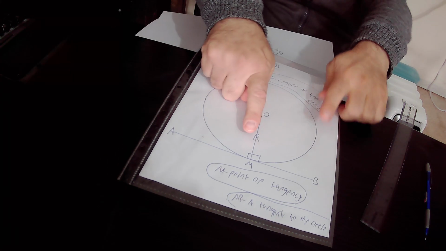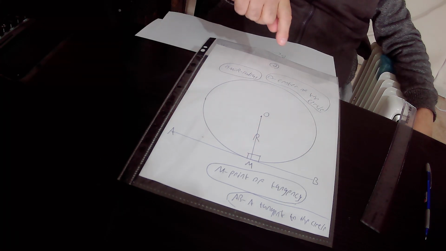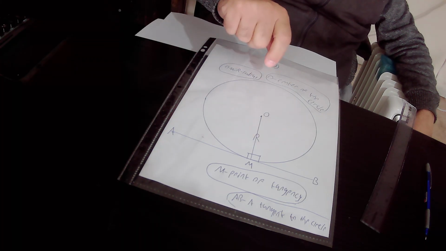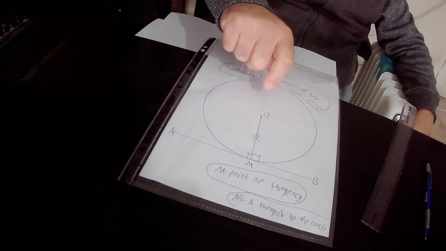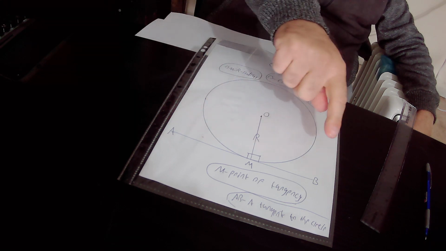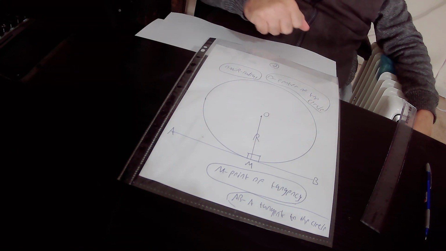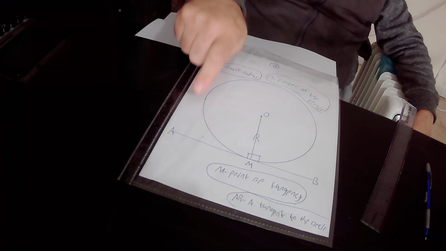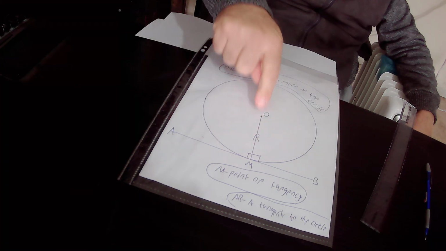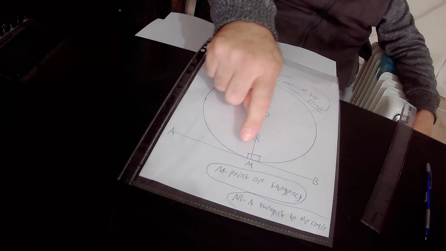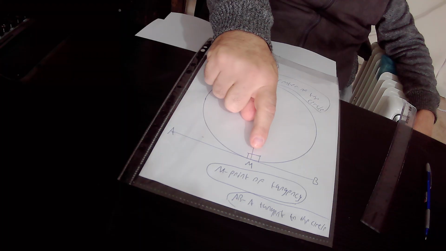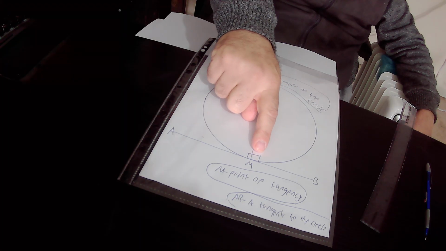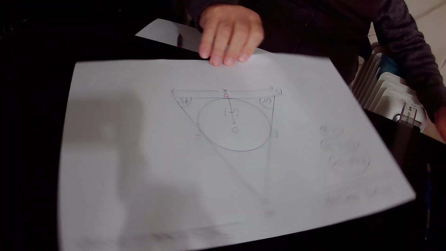AB is tangent to this circle, point M is the point of tangency, and we have the radius OM drawn to point M. Whenever you have a radius drawn to the point of tangency, then tangent AB will be perpendicular to the radius MO. If AB is perpendicular to MO, it means that this angle equals 90 degrees, and this angle equals 90 degrees according to rule number 1. Actually, we can implement rule number 1 in our drawing.